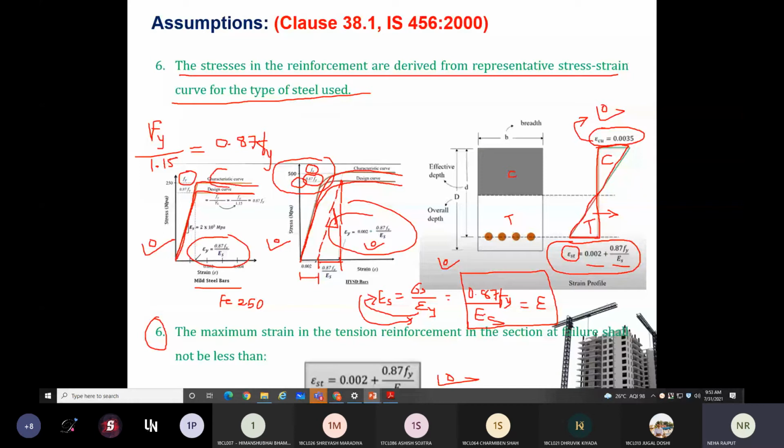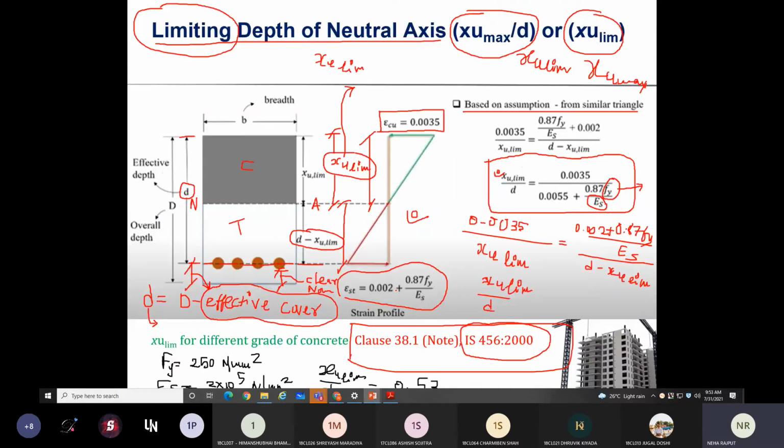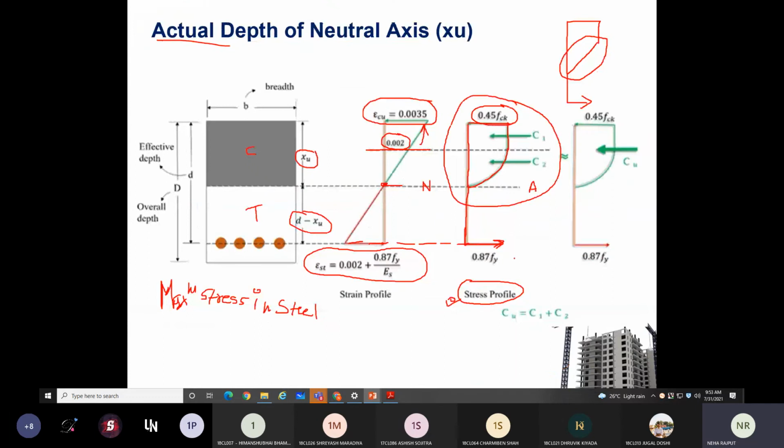This is characteristic. कितना अलाउ करेंगे हम डिजाइन के लिए, लिमिट स्टेट के लिए? 0.87 Fy. Design value of stress is 0.87 Fy. So here the maximum stress allowed in steel is 0.87 Fy. Clear? Yes, ma'am. So this is the maximum stress in steel.